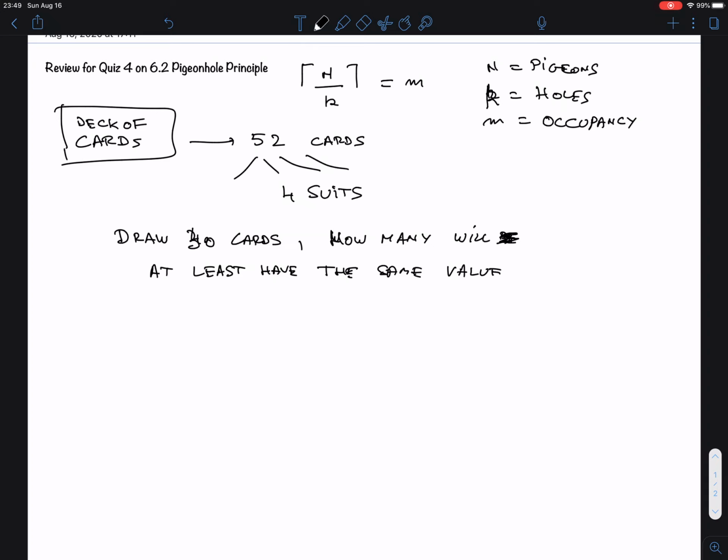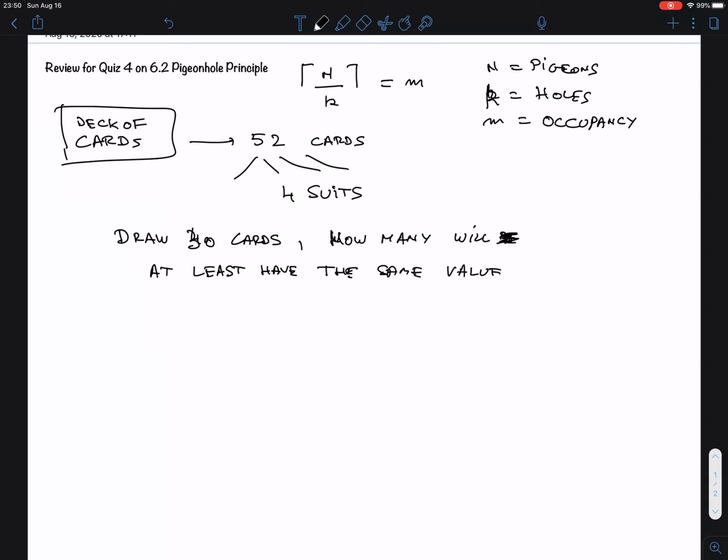How many will at least have the same value? So I'm drawing 30 cards, and I'm looking how many 10s do I have? How many jacks? How many 3s? How many 4s do I have? And so the question is, am I guaranteed to have at least 2 of some, or perhaps guaranteed to have 3 of some?